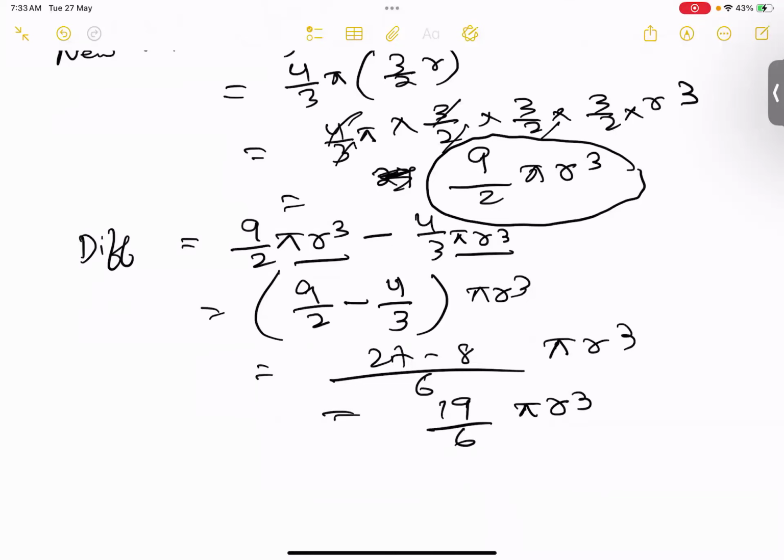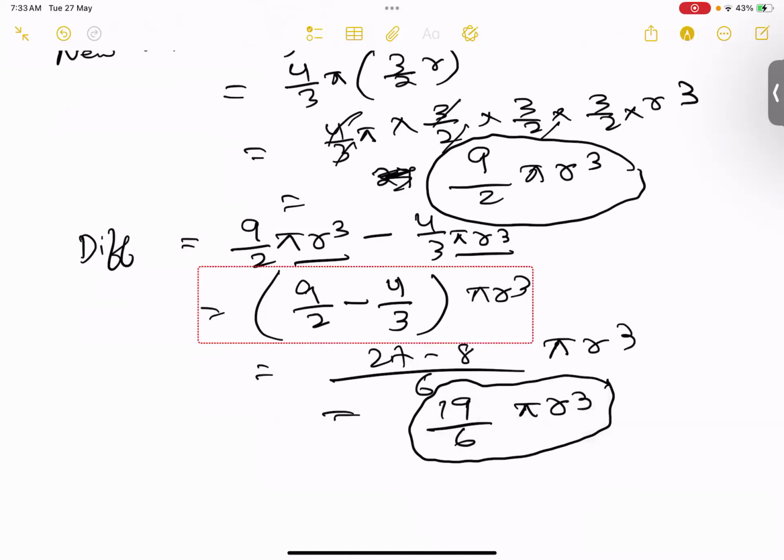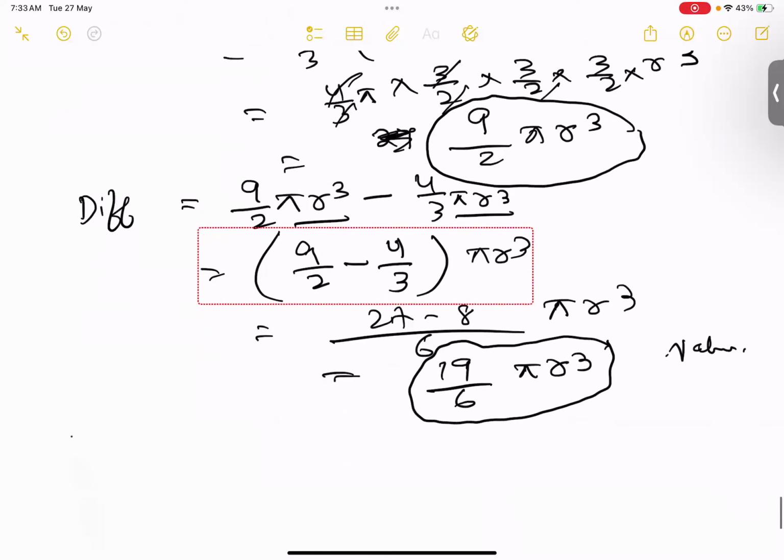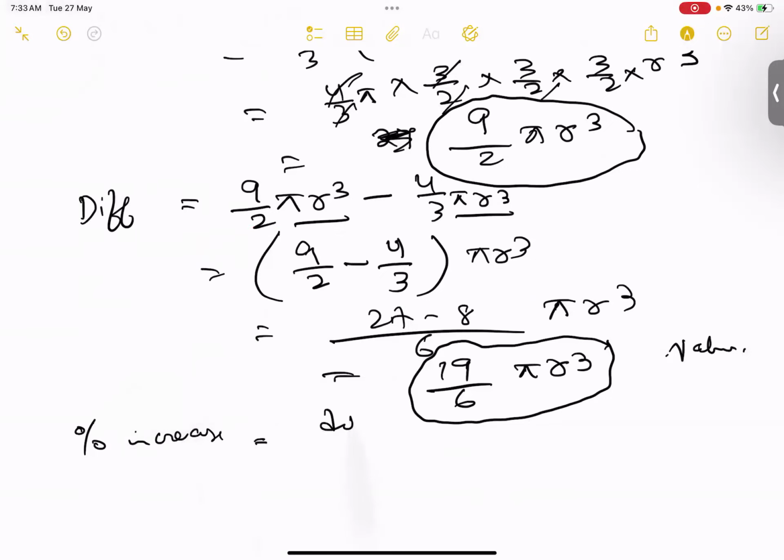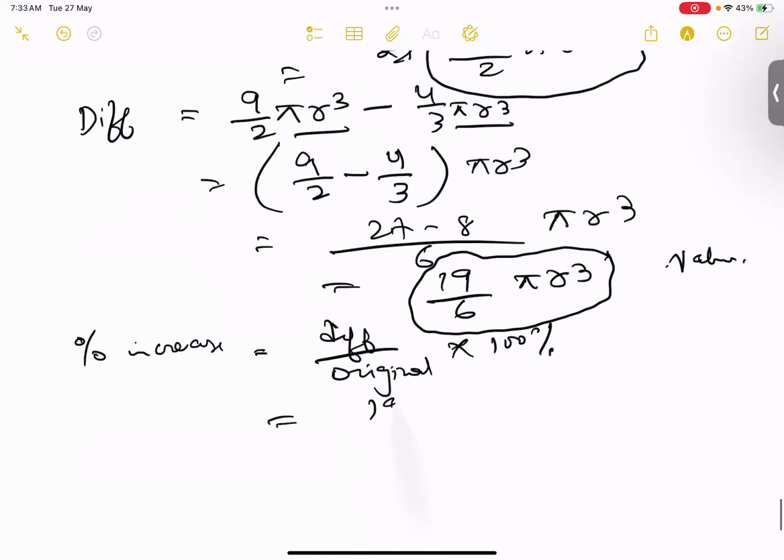So if we increase the radius by 50%, there will be an increase in the volume by this much. Now, the question is not in terms of value, okay? The question that is being asked is in terms of percentage. So percentage increase is equal to difference, right? Difference by original into 100%. Okay? So difference is how much? 19 by 6 by r cube.